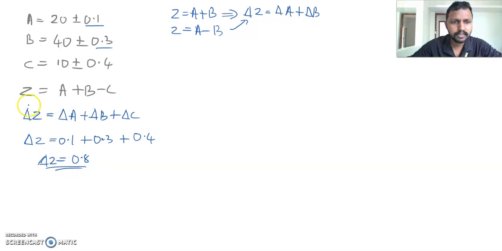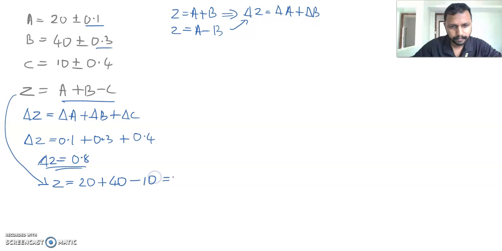Then what is the Z value? Since it is A plus B minus C, it is 20 plus 40 minus 10. 20 plus 40 is 60, 60 minus 10 is 50.